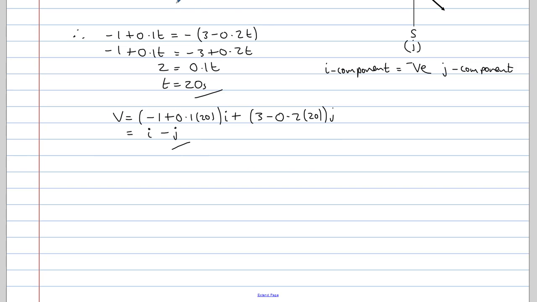So it's travelling at 1 metre per second to the right and 1 metre per second down. And so the speed, the magnitude of v, is the square root of 1 squared plus negative 1 squared, which is root 2, which is 1.41 metres per second to 3 significant figures.